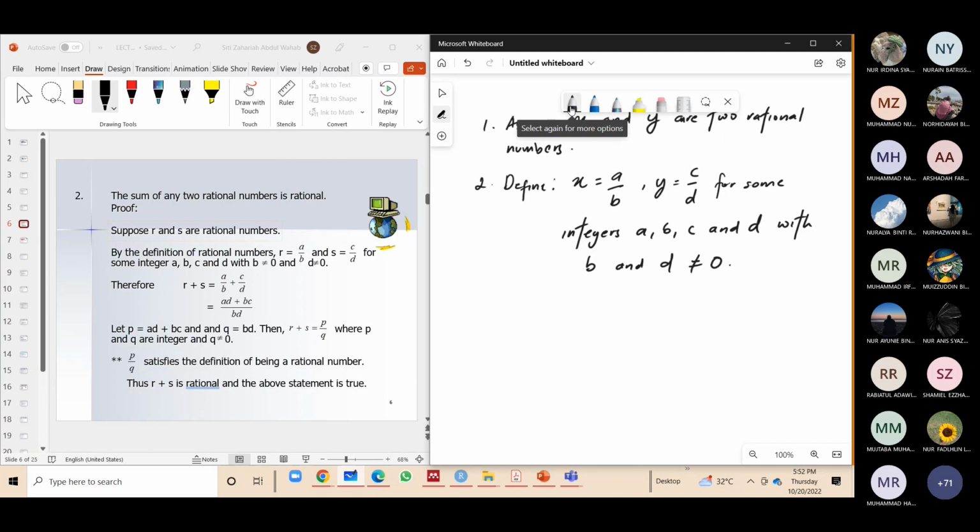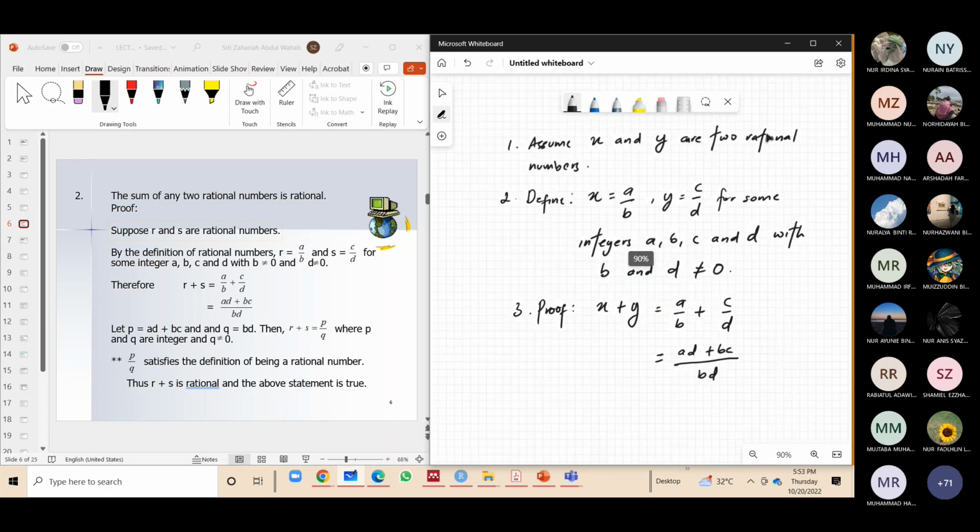Okay, now third step, we have to prove. How to prove x plus y? So A over B plus C over D. Solve this, it will be AD plus BC over BD.